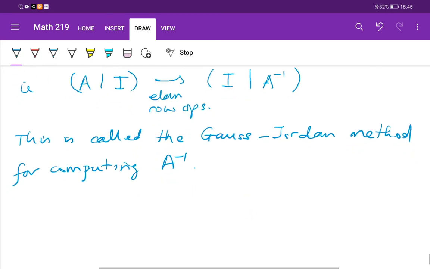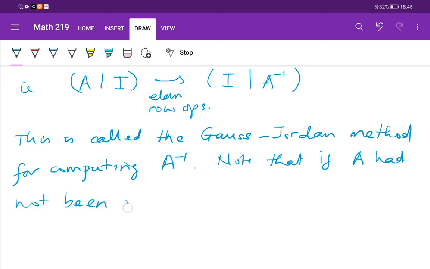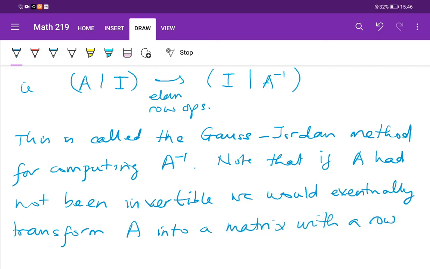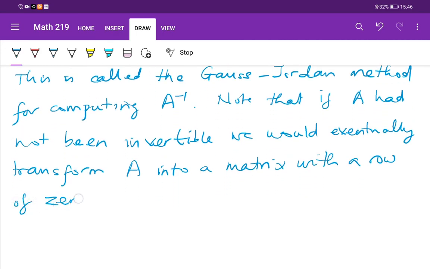Note that if A had not been invertible, by elementary row operations we would eventually transform A into a matrix with a row of zeros in the first part before the vertical line, and then we would be stuck.